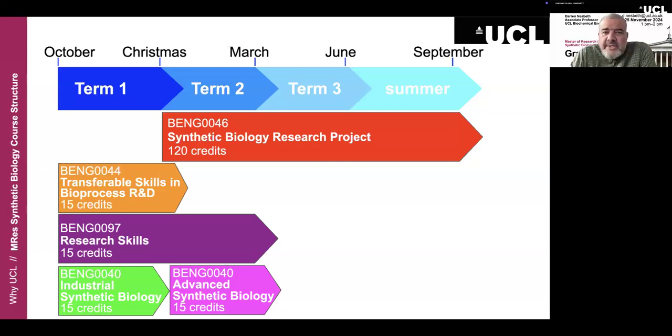I'll come back to the project, actually, because there's a lot to say about the project. Complementary to the project, you have four formal taught courses. BN0044 teaches you about those elements of research skills that are actually transferable to many professional settings, and also bioprocess.